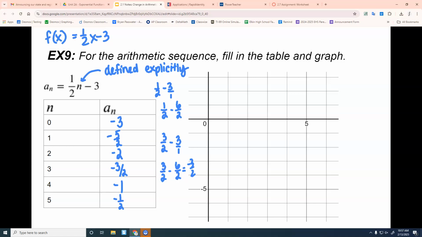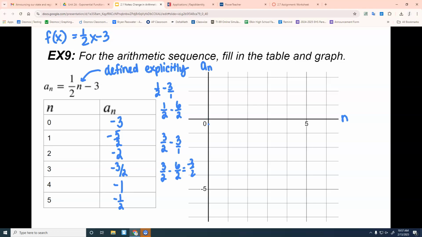So if I look at this and graph those points, on what is normally our x-axis, our horizontal axis, I would label that n. And my vertical axis, what's normally my y-axis, is going to be a sub n.